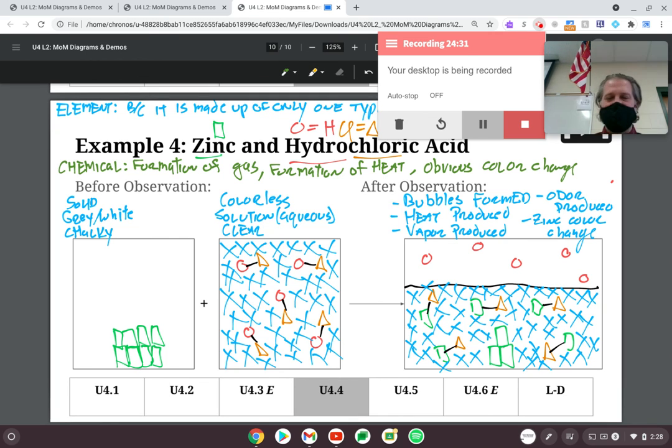The big point of this was your ability to draw model of matter diagrams for different types of matter. We had elements, we had compounds, we had things that were solid, we had things that were liquid, we had things that were gas, we had things that were aqueous. And so all of those things we're going to have to be able to keep track of, and it's a skill you're going to have to be able to do a big chunk of the rest of the year. Questions?